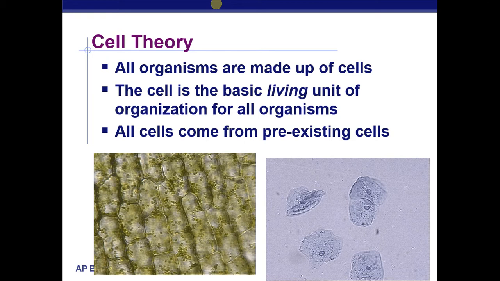The last part of cell theory says that all cells come from pre-existing cells, so a given cell can reproduce and make new cells. These are the three basic ideas that govern cell theory, or what we believe to be the properties of cells.